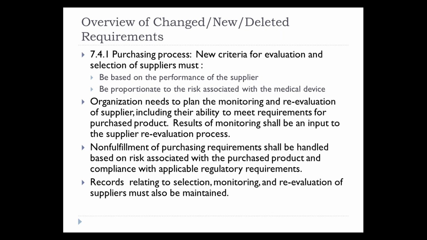A high-risk component that impacts the integrity of the device obviously needs to be treated in a certain way and given more weight than a lower risk component or a lower risk service. Records related to selection, monitoring, and reevaluation of suppliers have to be maintained.